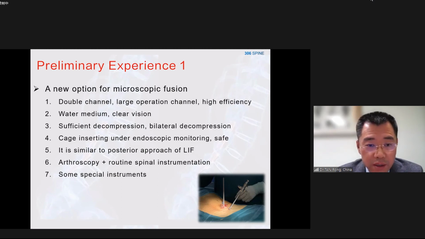It is similar to the posterior approach for the surgeons, and it is like arthroscopy plus routine spinal instrumentation. But if you want to do UBE very well, maybe you need some special instruments.